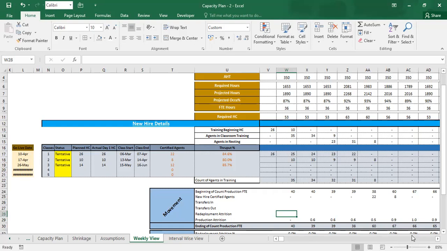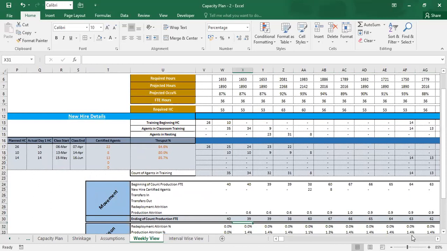Basically, in a simple sentence, you can say the agent is moved to another process, another account. Basically, we can say the agents who are already on bench, not in any process, are trying for other processes but are on bench. Right, you can consider that.